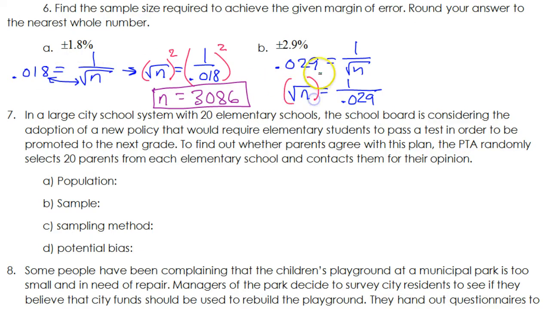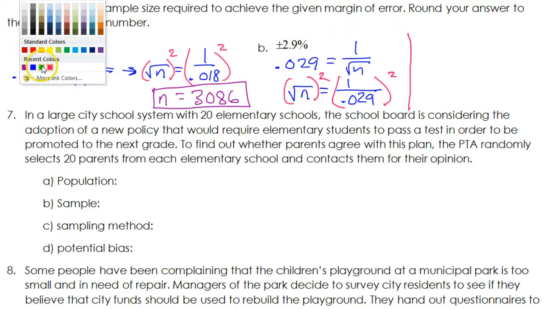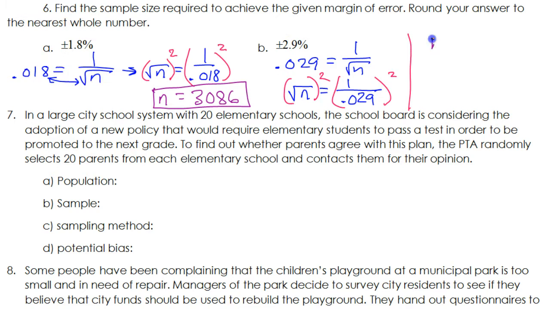We will go ahead and square both sides like we did before. So that'll get rid of the radical. So 1 over 0.029 squared.